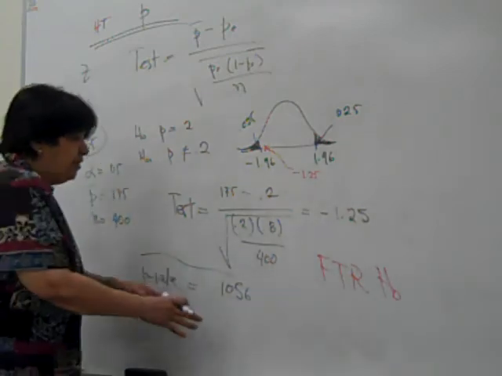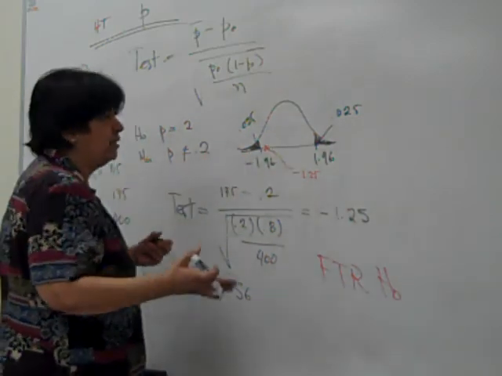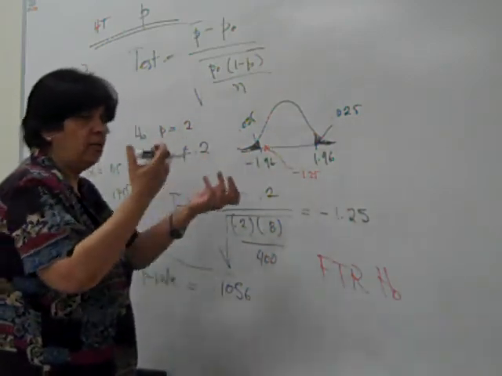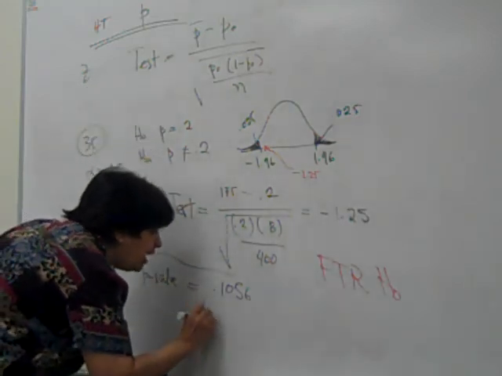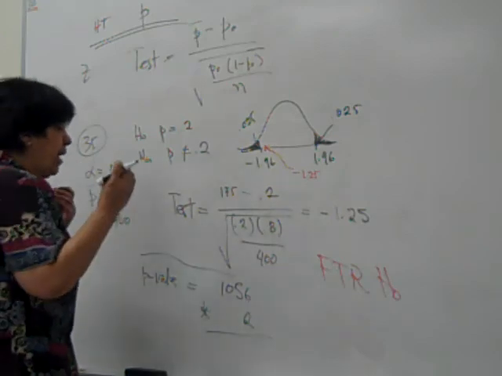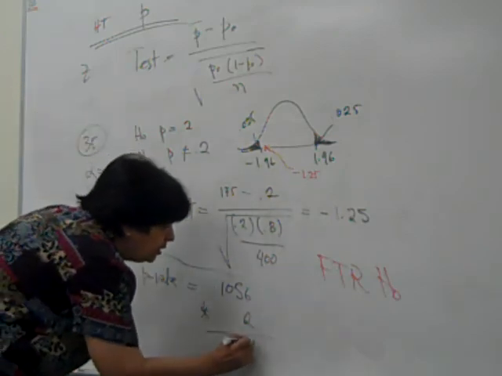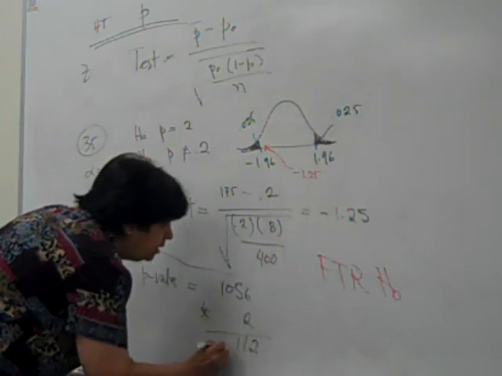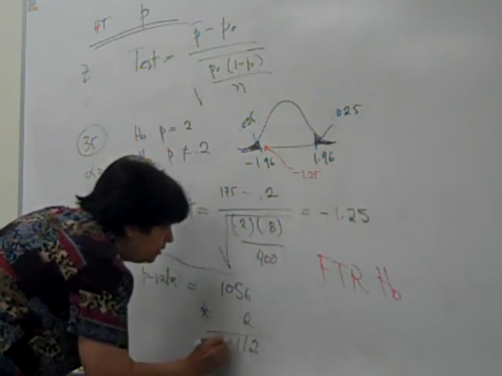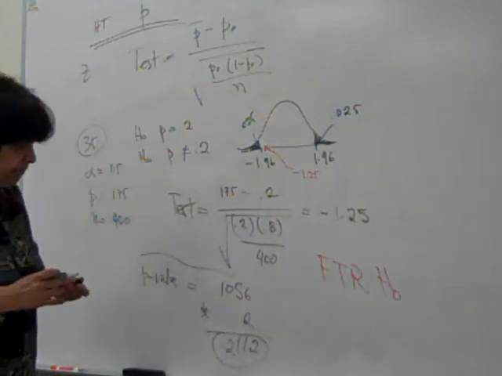Now, this is not the p-value because we are dealing with a two-tailed test. When we deal with two-tailed tests and we are computing the p-value, we have to multiply times 2. So the real p-value is going to be 0.2112.